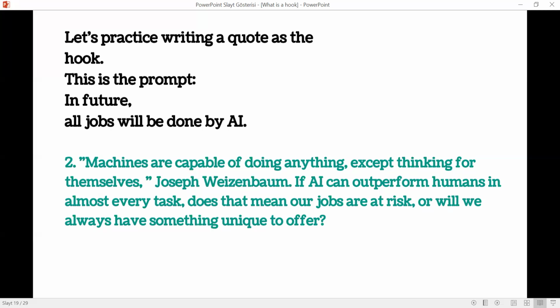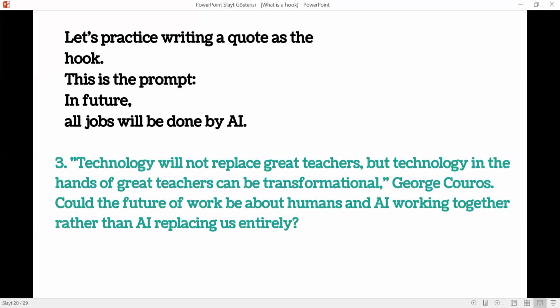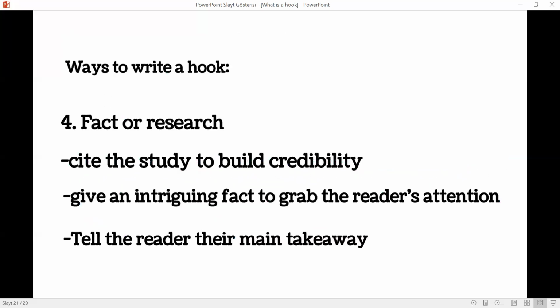Or will we always have something unique to offer? And number 3, technology will not replace great teachers. But technology in the hands of great teachers can be transformational. George Couros. Could the future of work be about humans and AI working together rather than AI replacing us entirely?